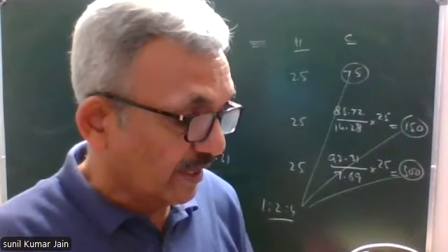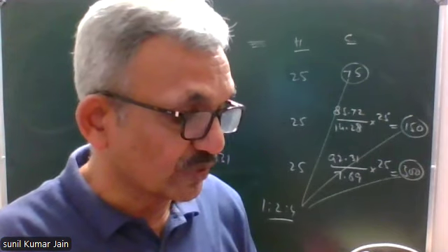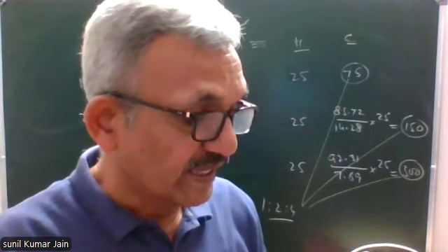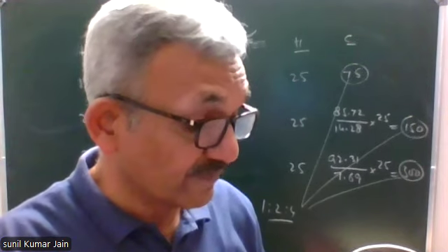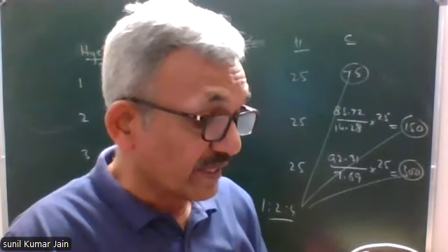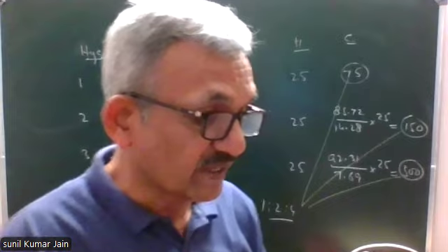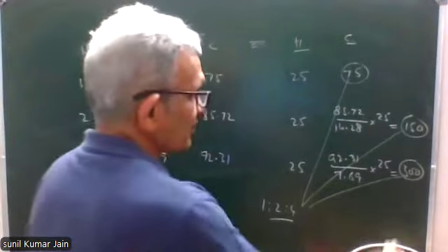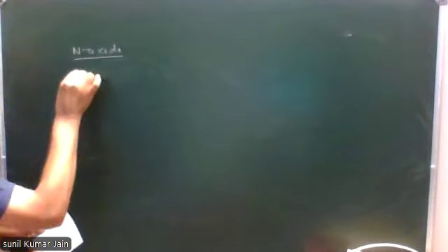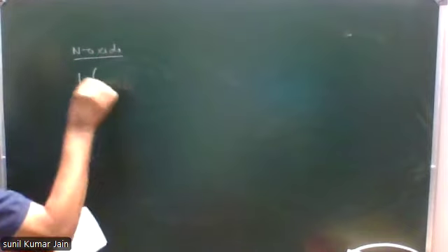Third, 22 and 30 grams of two different oxides of nitrogen gave 11.2 liters of nitrogen at STP. Show that the data illustrates law of multiple proportions. Nitrogen oxide number 1, oxide number 2.